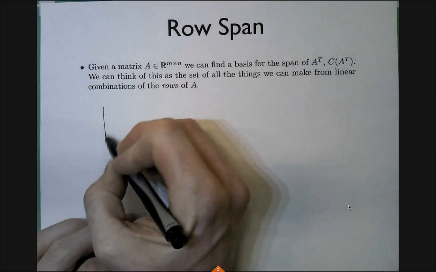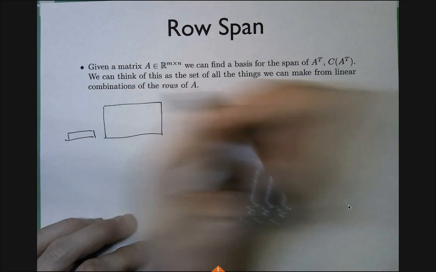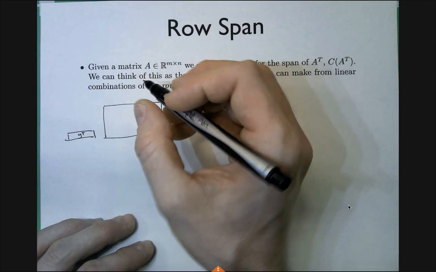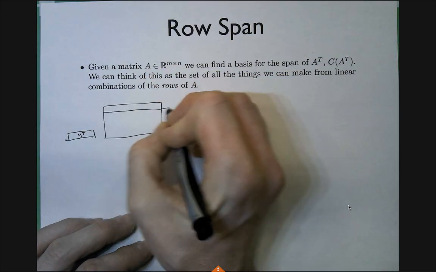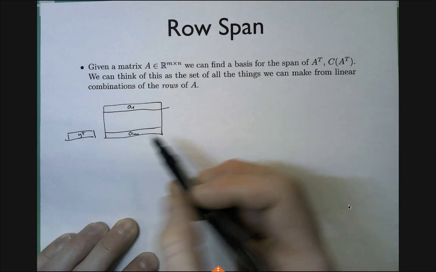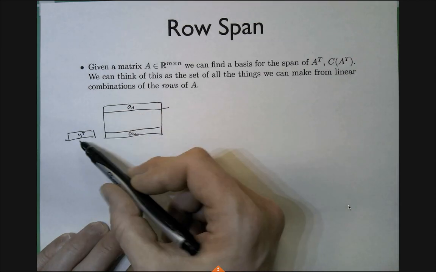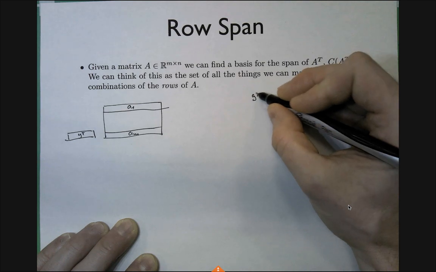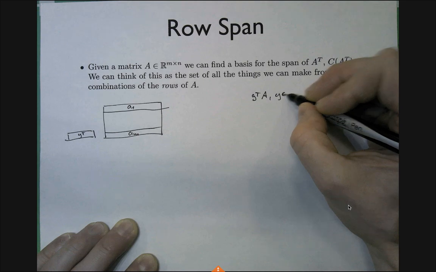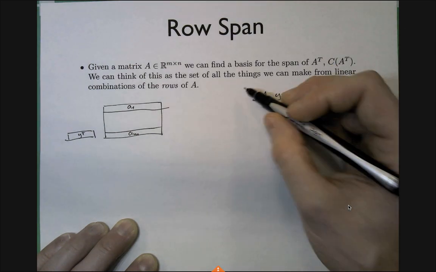So one way I can write it, if I have a matrix that looks like this, let's stick with the short and fat ones. So if I take a row vector y, and my rows, I call them A1 to AM. If I take any vector y, then by taking these products y^T A for any y from R^m, I will get the row span.